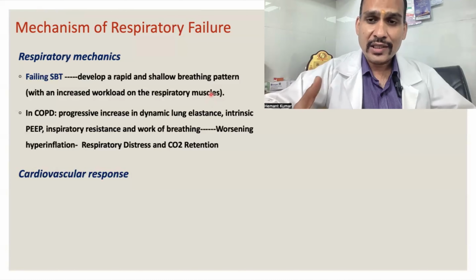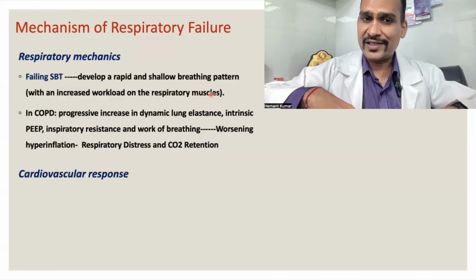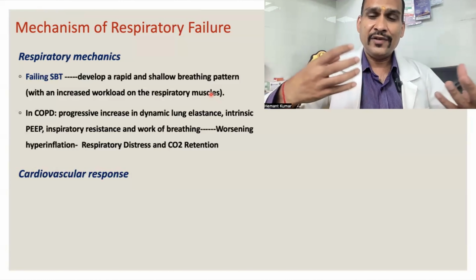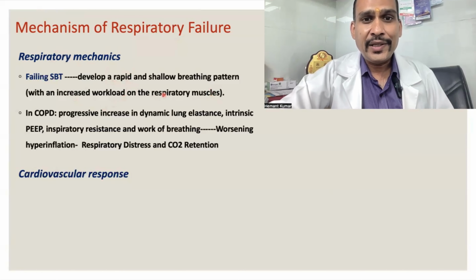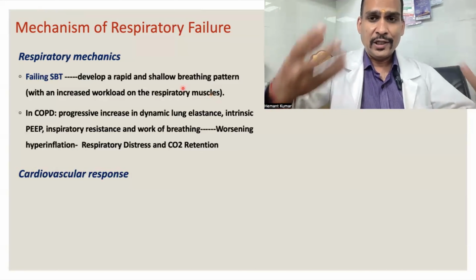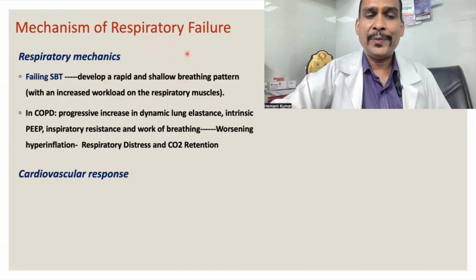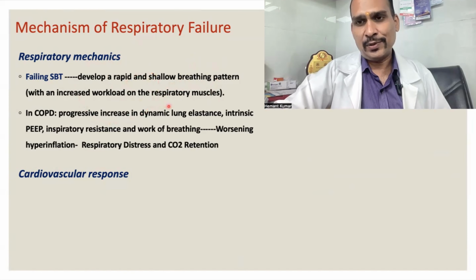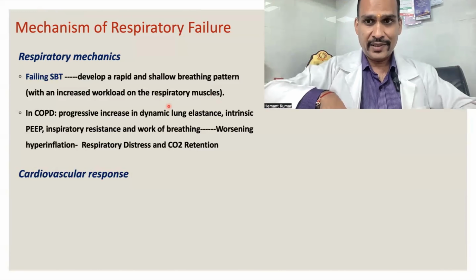The patient will not get enough tidal volume to support the respiratory system. Once he does not get enough tidal volume, the patient will develop rapid and shallow breathing, because he has to take many breaths to achieve his minute ventilation. This increases the workload on the respiratory muscles, because they have to work hard to get tidal volume from the environment.